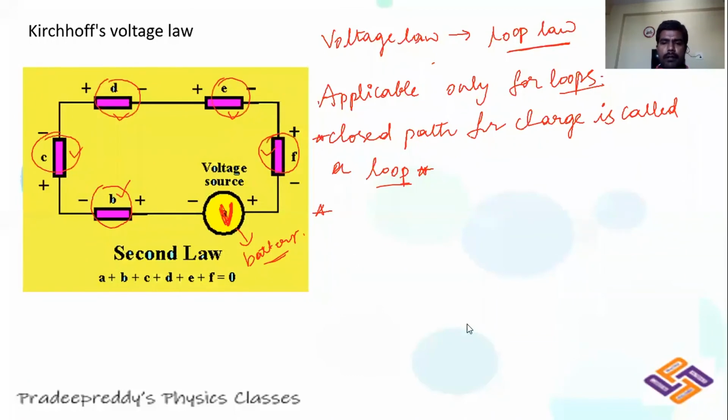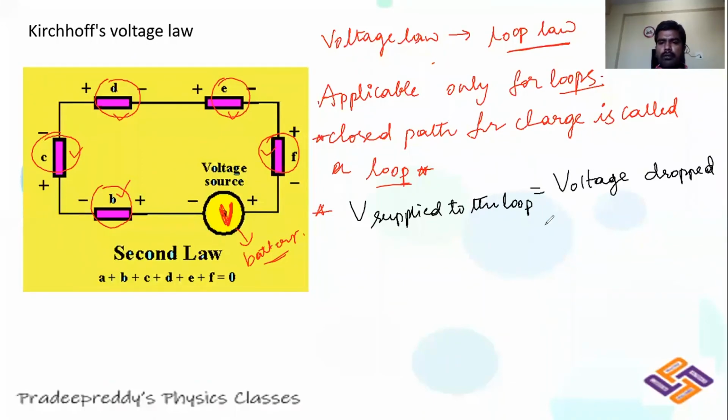So simply you can write it as: voltage supplied to the loop is equal to voltage dropped across the components in the loop, right?